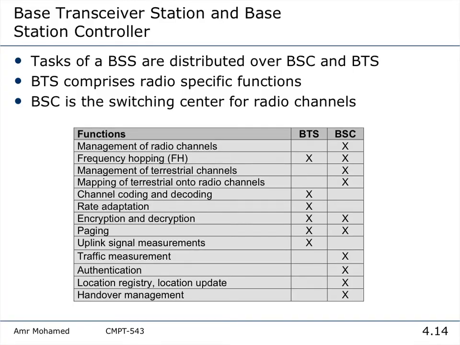Of course, in the base station subsystem, which is composed of one BSC and one base station tower, we have multiple functions, and these functions are performed by either the base transceiver station or the base station controller, or sometimes by both. So for example, managing the radio channels means that you need to assign certain frequency to each cell.